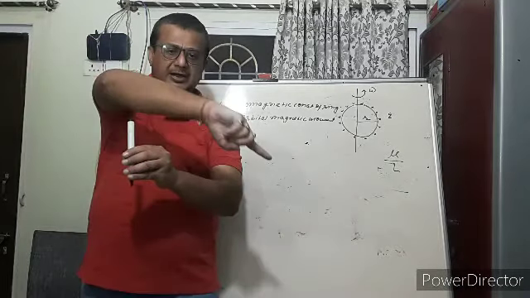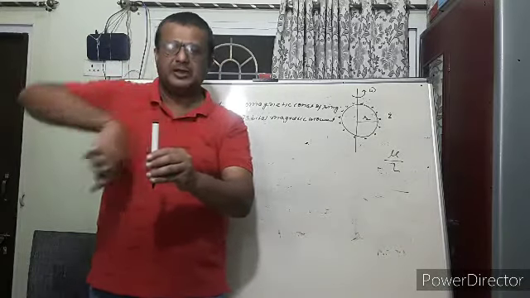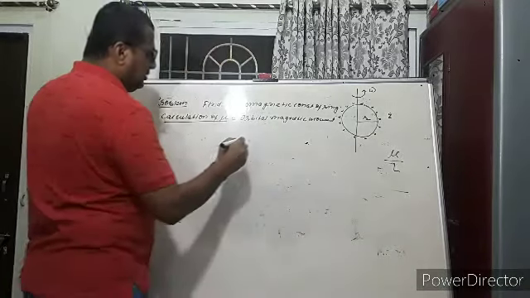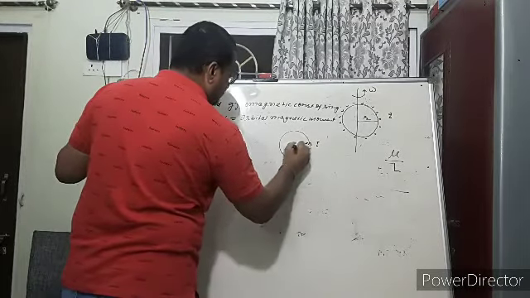So negative charge will rotate clockwise, and so the current will rotate anti-clockwise. Its radius is r.